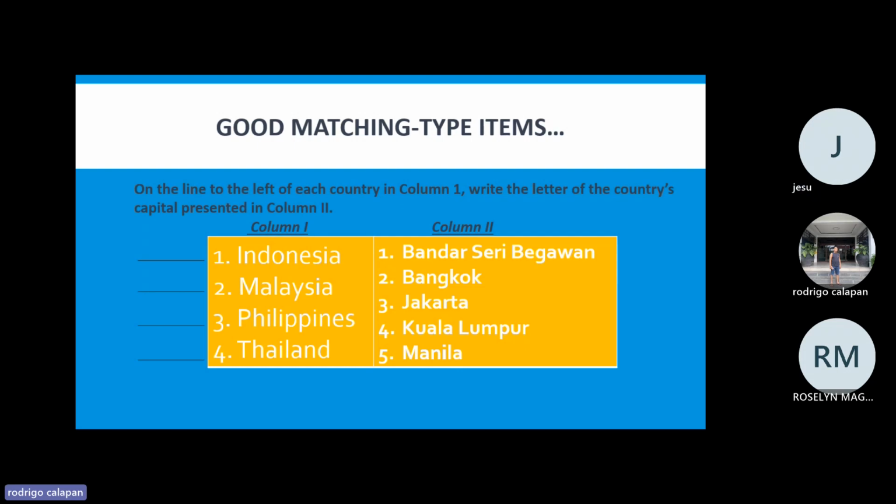But it says letter, when there is actually a mistake already. This will create confusion. Supposedly, I just made a typing mistake. But this is supposedly A, B, C, D, E. A is Bandar Seri Begawan, B is Bangkok, C is Jakarta, D is Kuala Lumpur, E is Manila.